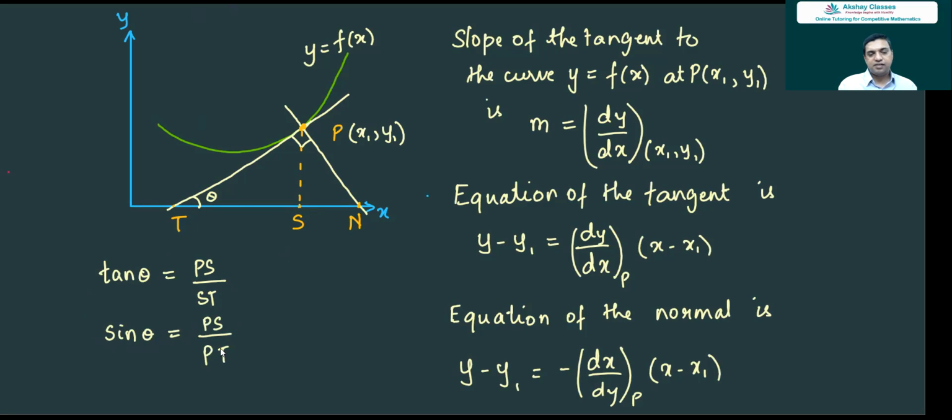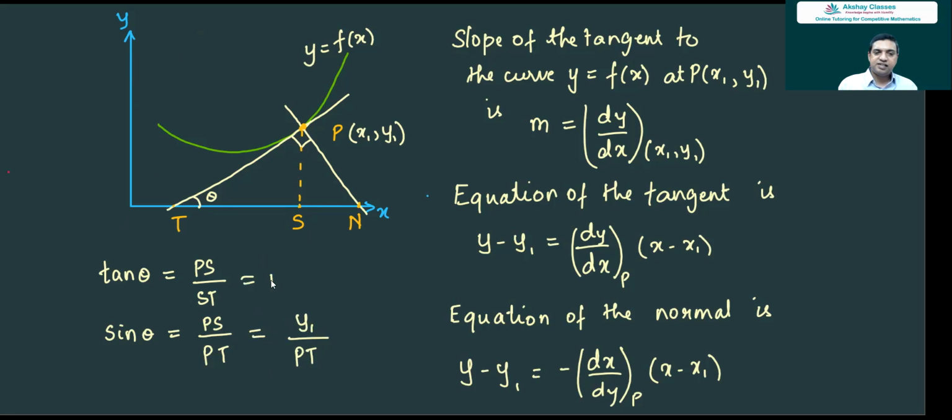And what is PS? PS is this value y. It is the y coordinate. In fact, the curve can be below the x-axis or above. So in any case, we just write this as y1 upon PT.